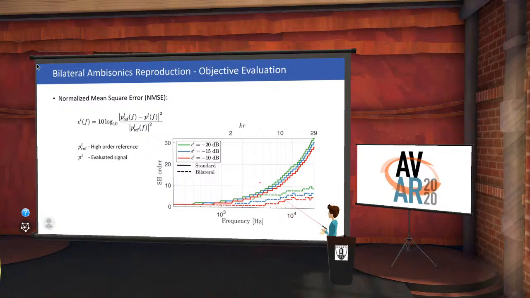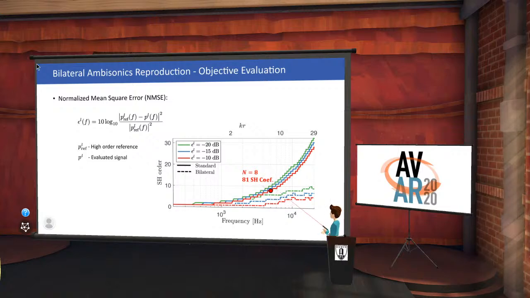The solid lines represent the standard reproduction, and the dashed lines represent the bilateral reproduction. So we clearly see how we need much lower orders with a bilateral reproduction, especially at high frequencies.